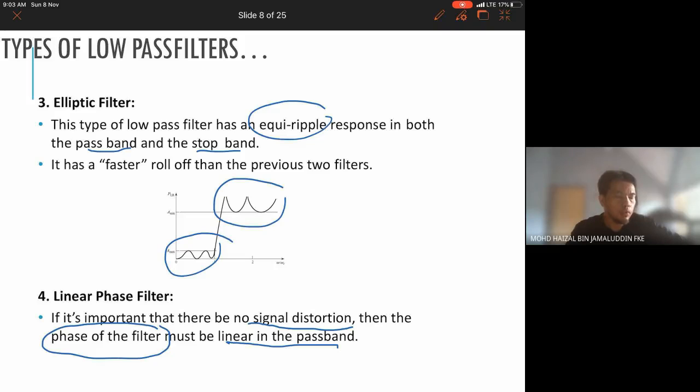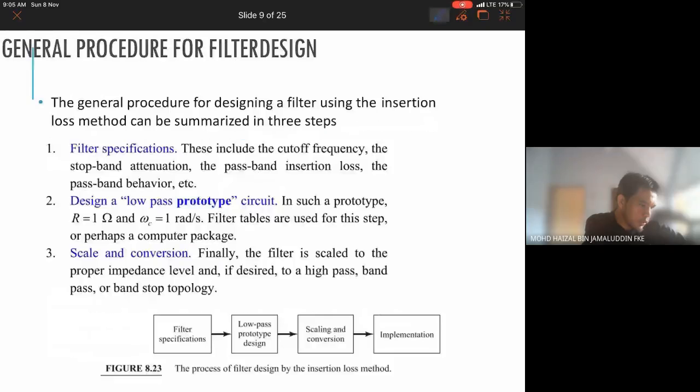Third, we do scaling and conversion, which includes the frequency scaling and impedance scaling. Because previously we were using the impedance equivalent to 1 and omega c equivalent to 1 for a normalized prototype circuit.